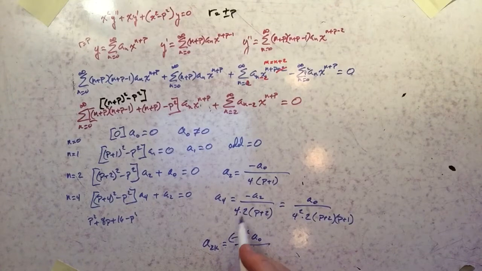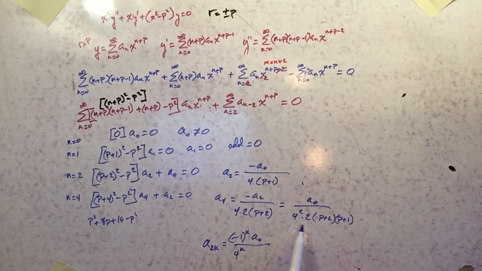And then that's all divided by 4 to the k. Yeah, because when k was 2, we squared 4. And then this is always going to bring in not just 2, but the next time it's going to be 3 and then 4. So this right here is k factorial.